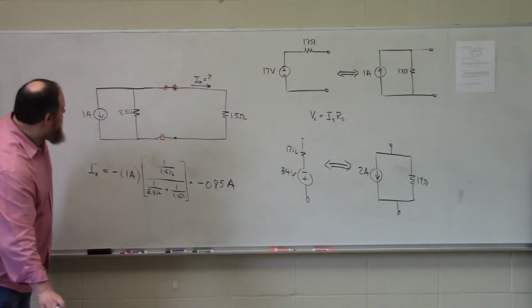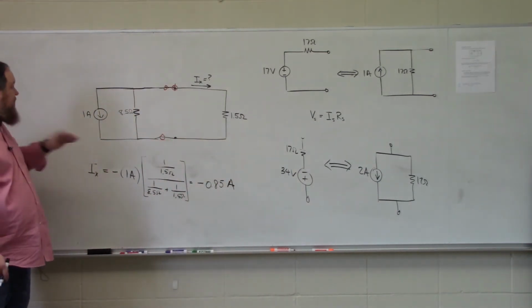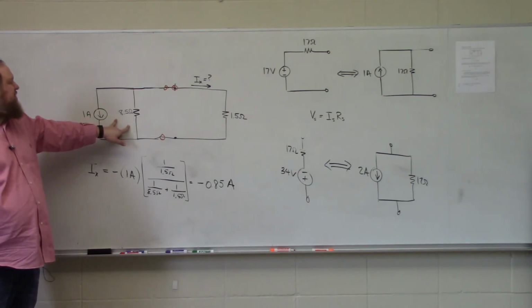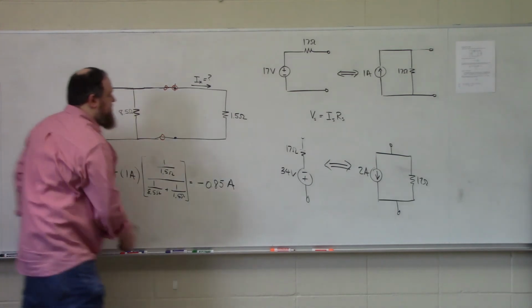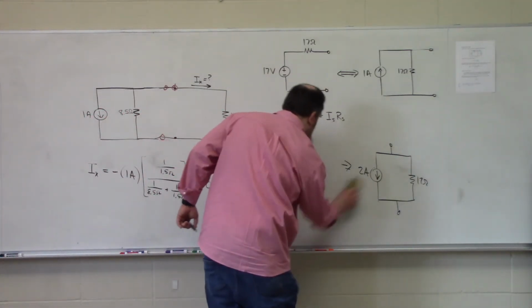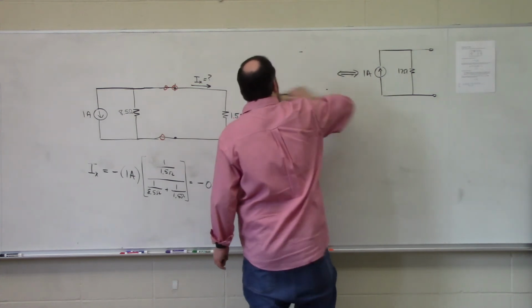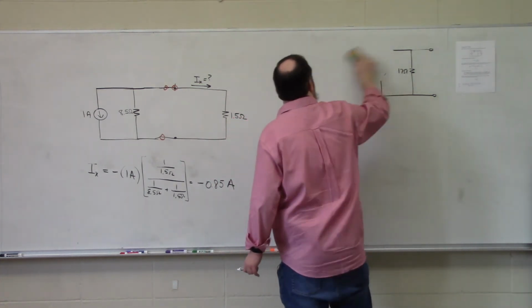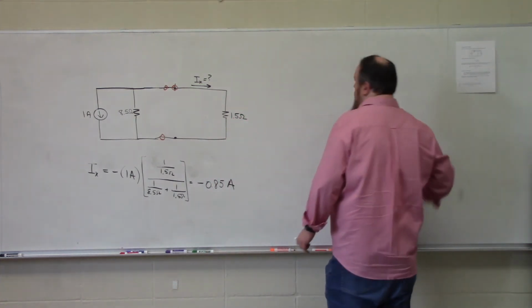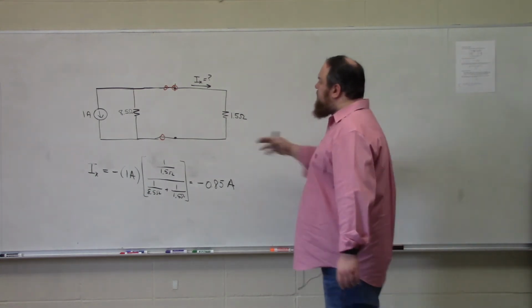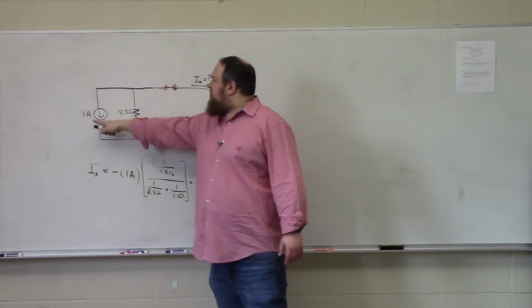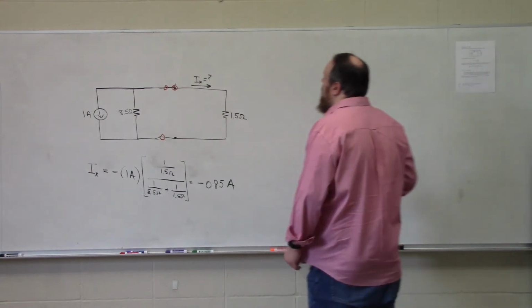And we could have gotten that same result by doing one more source transformation where we would have had, let's just see. So I have a 1 amp source in parallel with an 8.5 ohm resistor.